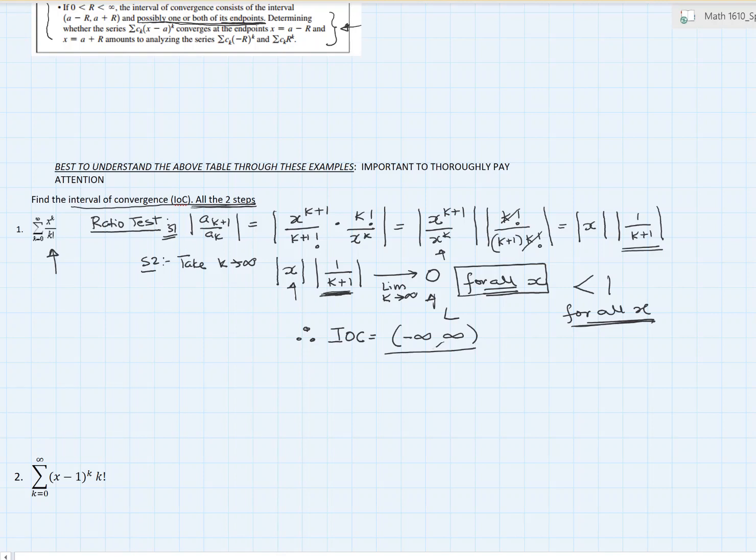So my interval of convergence is this, and the radius is infinity. And there are no endpoints to test because the endpoints are negative infinity and infinity, so there's nothing to test in this particular example. So the answer is this is the interval of convergence.